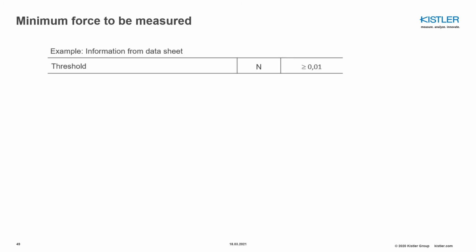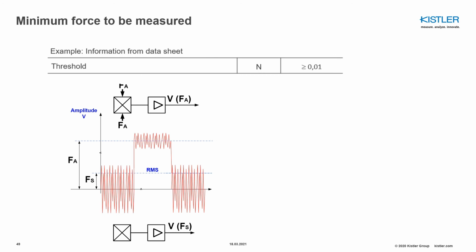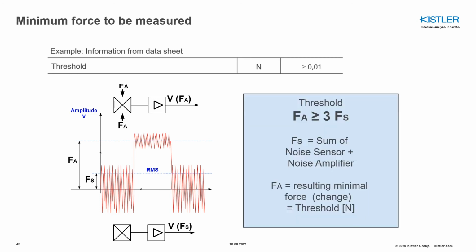So in many data sheets, as you can see, it is given in the minimum Newton, and the explanation is that the minimum force Fa, in this case, that can be measured in a system having a total noise Fs, is actually 3 times larger than the total noise in that measurement chain. And the total noise is the noise summation of sensor and amplifier.